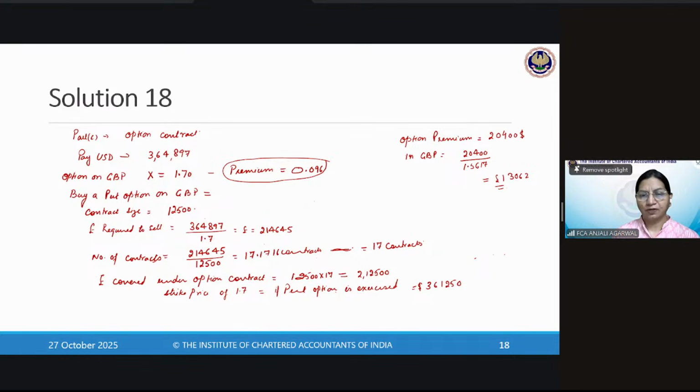Okay. So your total outflow will be 2,12,500 plus 13,062. These many pounds will be your outflow.